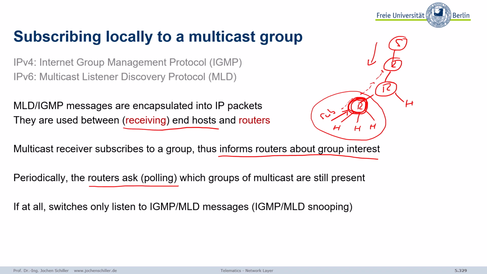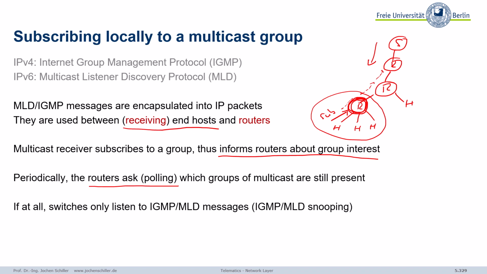Why? Otherwise the router will simply forward multicast traffic into the local area network, but there are no subscribers anymore. Maybe you first subscribed and now you're not interested any longer, but if you do not inform the router, it will continue sending data packets into the local area network, but no one listens. That's not a good idea. This is why the routers ask periodically if there is still someone interested.